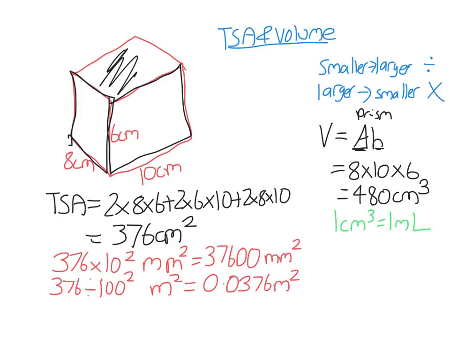So if this container holds 480 centimeters cubed, it actually also holds 480 milliliters, which is the same as 0.48 liters, okay? So when you're converting meters cubed and liters, don't be messed up with that. 1 meter cubed is not a liter, it's 1,000 liters.